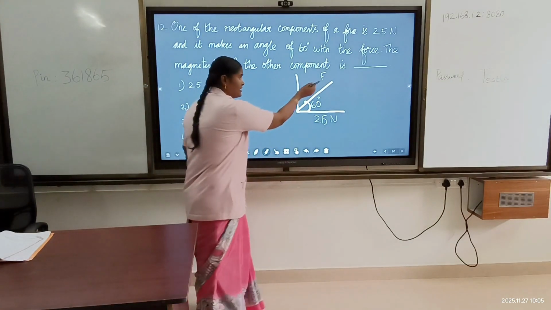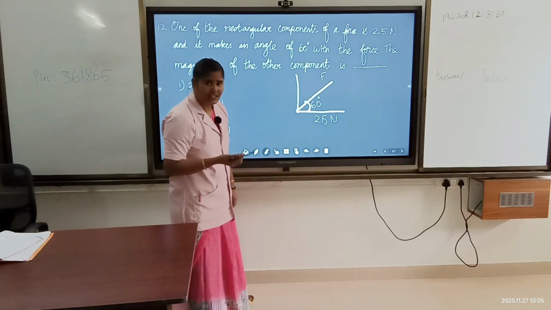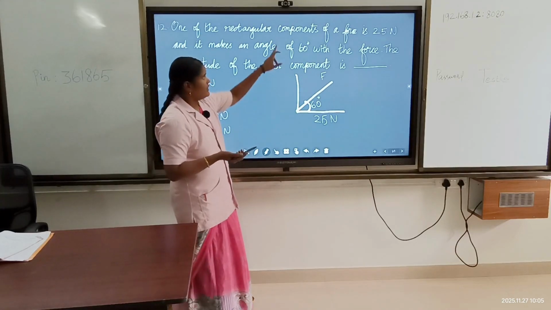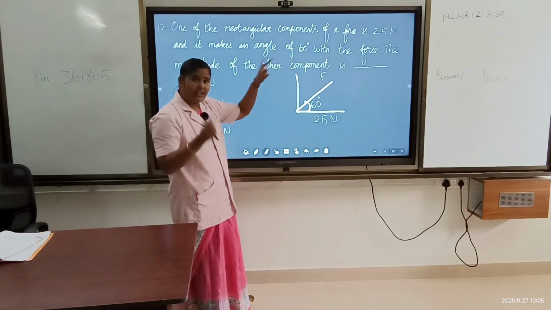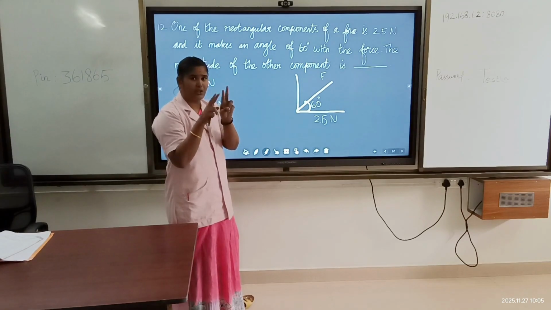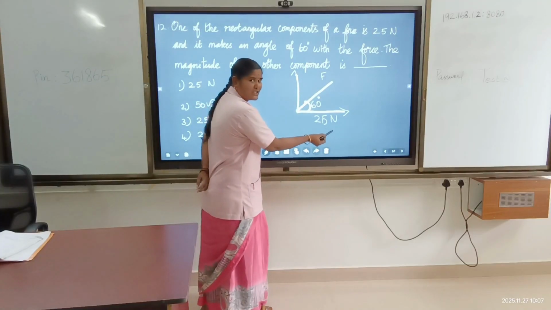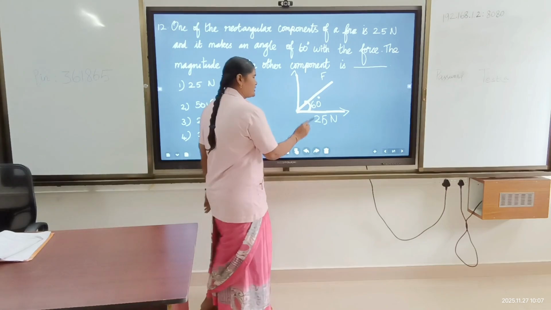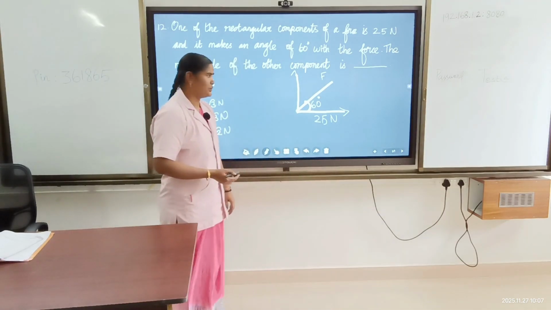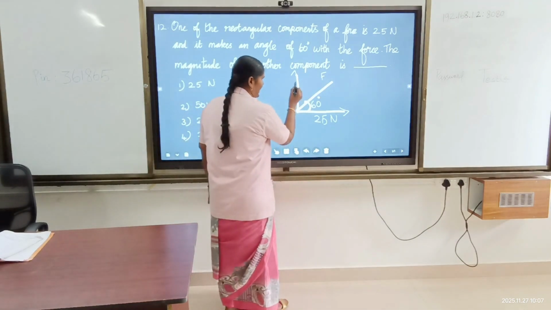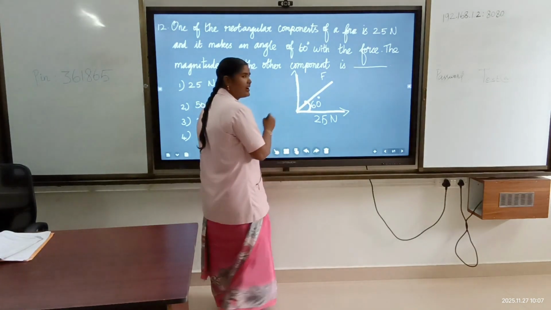Why did I draw a line horizontally? Any guess? Because rectangular component means it divides the vector into two. This is horizontal. Okay, so the horizontal value is 25 Newton. So we have to calculate this vertical value.